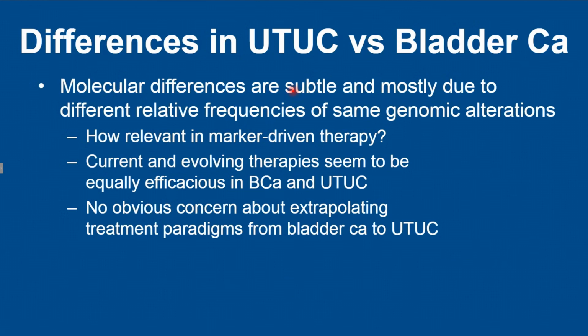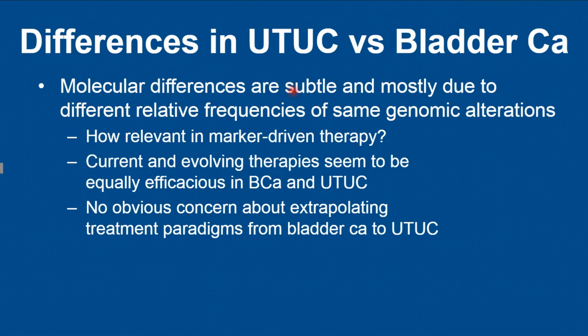So in conclusion, I would suggest that the molecular differences between upper tract and bladder cancer are subtle and mostly due to different relative frequencies of the same alterations. There are no dramatically different alterations. I would suggest that as we move towards an era of marker-driven therapy, the markers will direct the therapy, and it won't matter if it's upper tract or bladder.